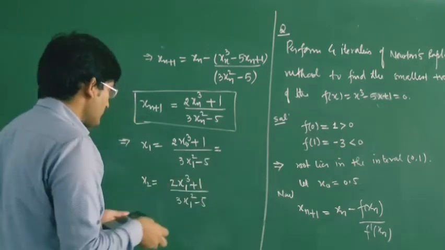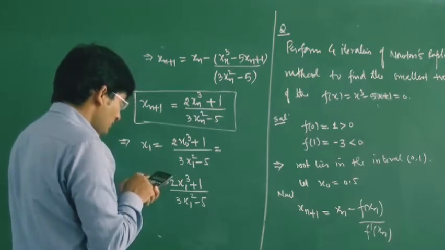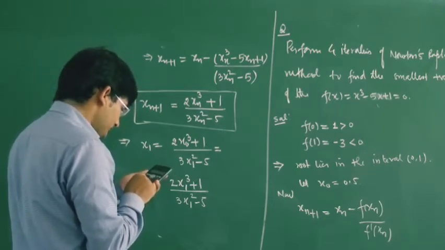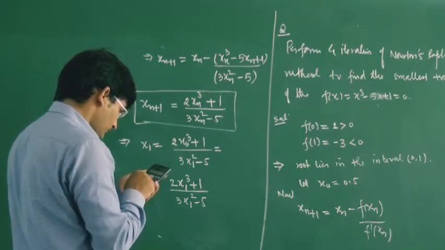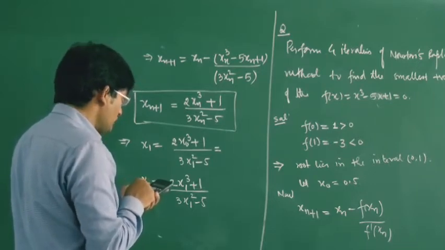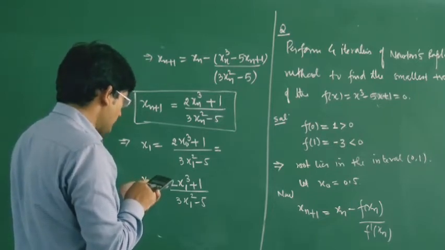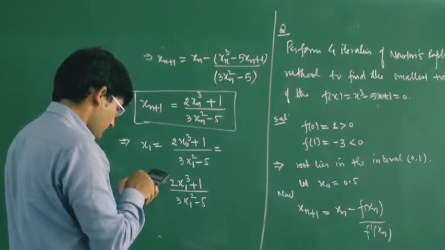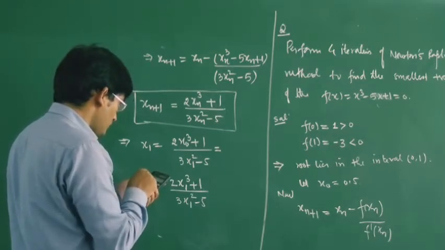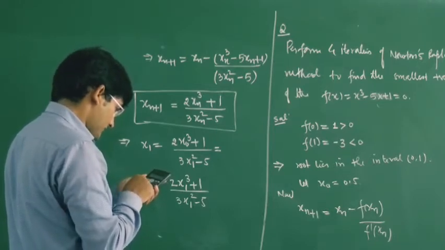Now let us compute the values of x1 and x2. In the numerator we have 2x^3 + 1 and in the denominator 3x^2 - 5.